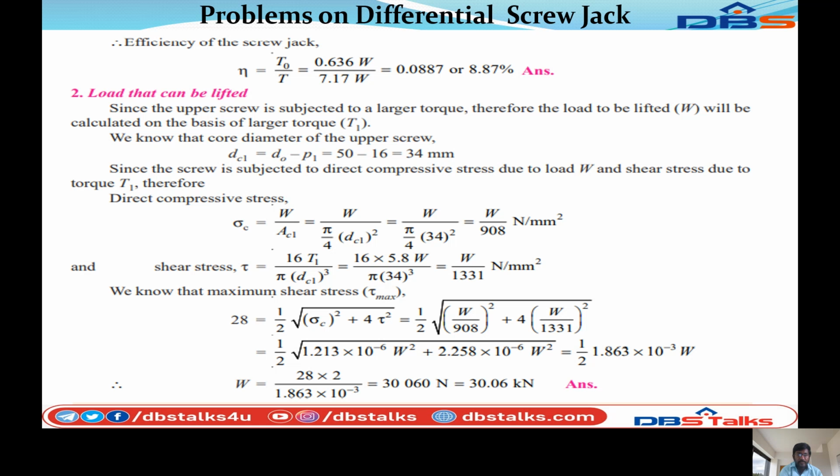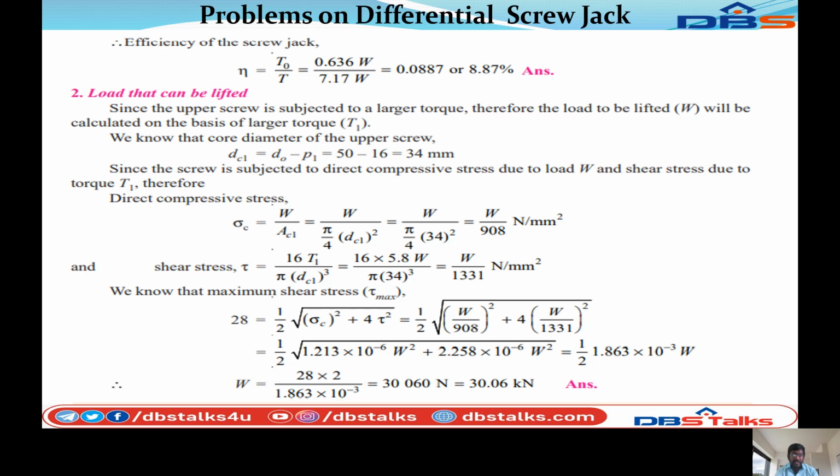Since the screw is subjected to direct compressive stress due to the load W and shear stress due to the torque T1, the direct compressive stress sigma C is equal to W by AC1, that is W by pi by 4 into DC square. Substituting the values, W by pi by 4 into 34 whole square equals W by 908 Newton per mm square.